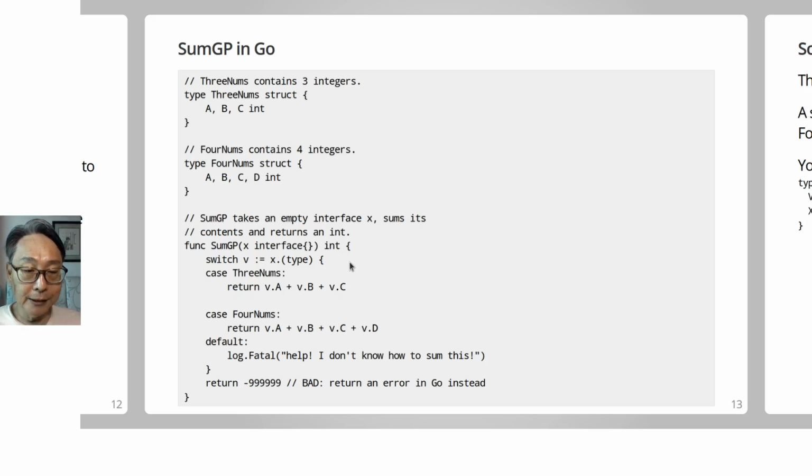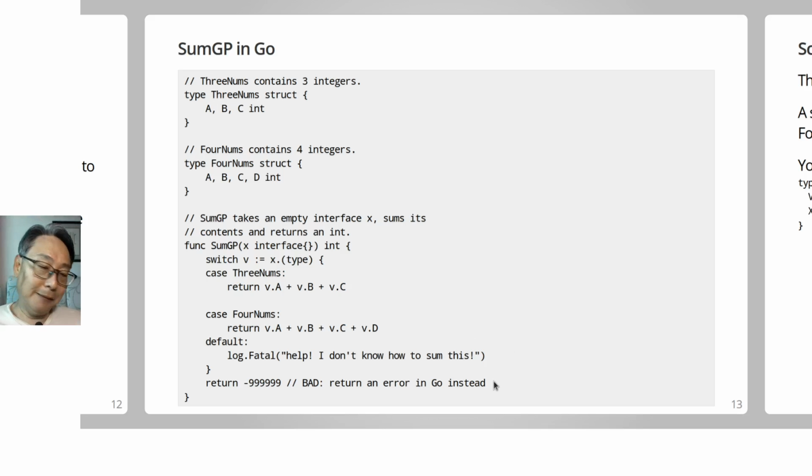This construct over here, x.(type), will determine what type x is and assign it to the variable v. So if v is 3nums, we know to add a, b, and c. If v is 4nums, we know how to add a, b, c, and d. If it is neither 3nums nor 4nums and is something SumGP doesn't know about, it dies.